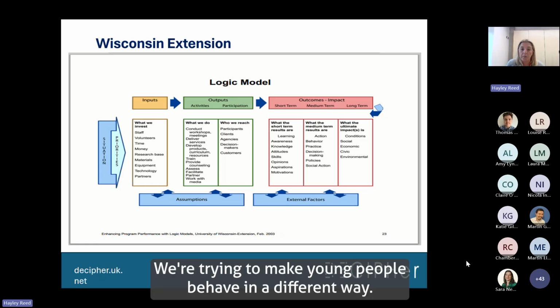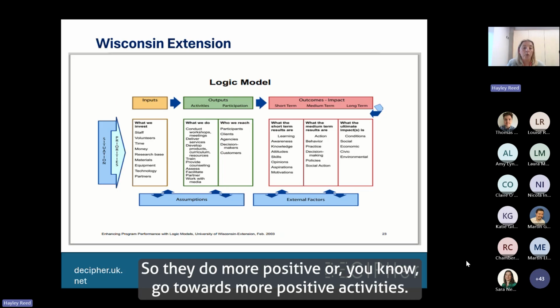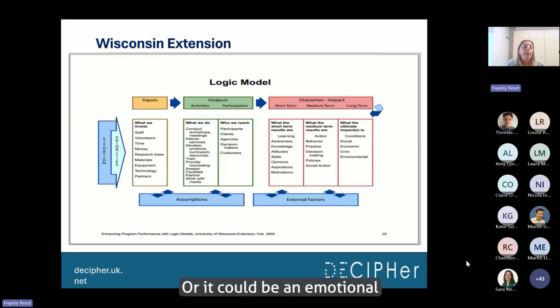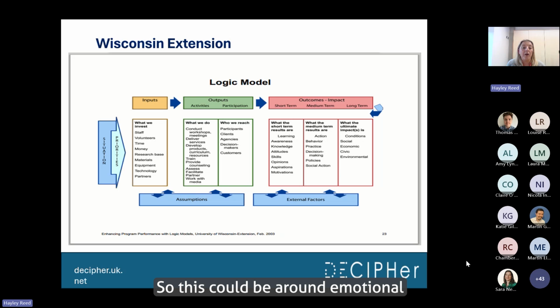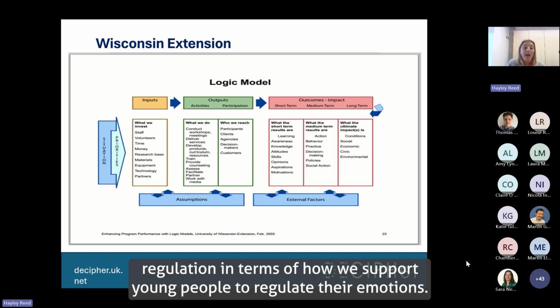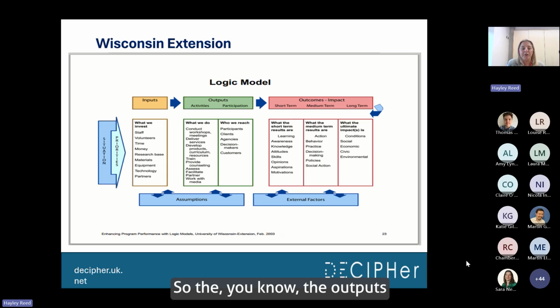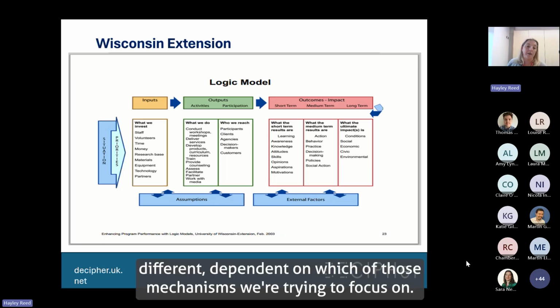We're trying to make young people behave in a different way, so they go towards more positive activities. Or it could be an emotional mechanism of change, so this could be around emotional regulation in terms of how we support young people to regulate their emotions. So, you know, that outputs bit can look very different, and our assumptions about how that will work will be different dependent on which of those mechanisms we're trying to focus on.